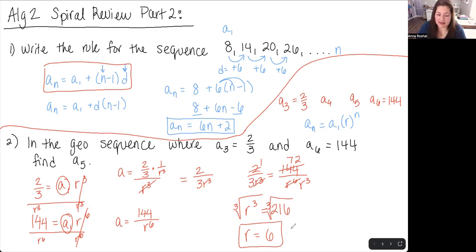In this particular case, I can do one of two things. I can multiply this times 6 to get the 4th term, right? And that will be 12 over 3. I can simplify this and get 6. Yeah, 6. Okay.